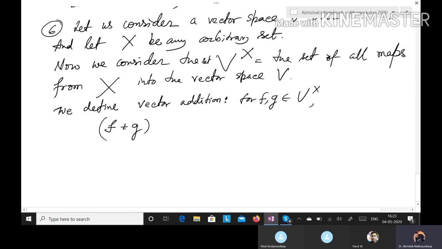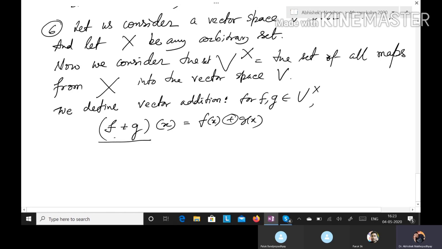This will again be a function from X to V, so we need the images of this function at each point of X. That is, (f plus g)(x) is defined to be f(x) plus g(x).